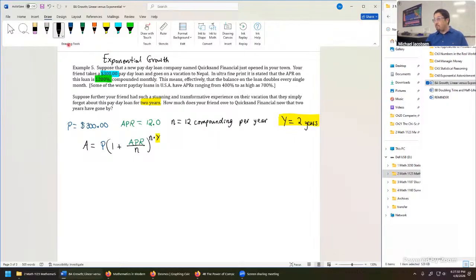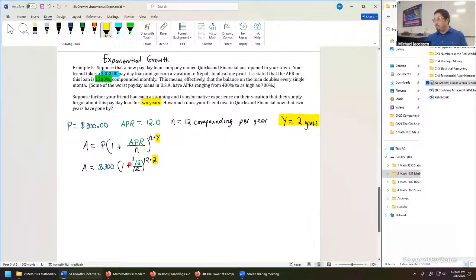Now, if we plug in the given information, amount is going to be the $300. We're taking 1 plus APR, which is 120, dividing it by number of compoundings, 12 again, raised to the power of 12 times the term length, 2 years.